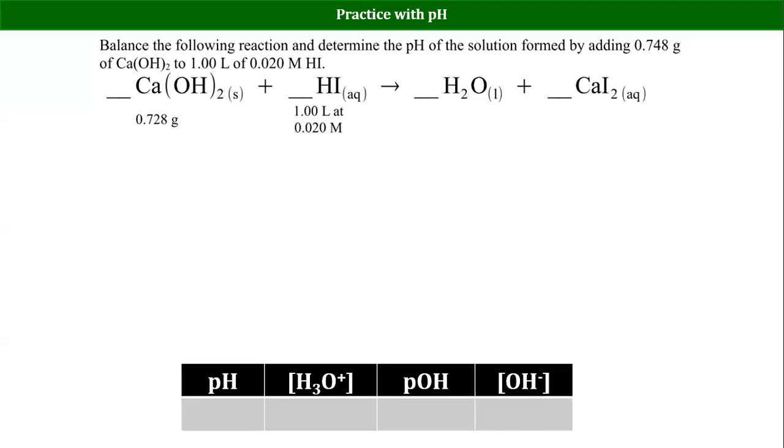Subtraction means we keep the uncertainty in the least certain decimal place, so we only wind up with one sig fig at the end here.